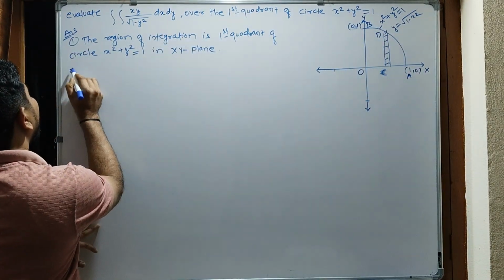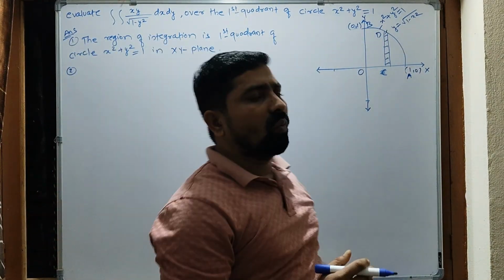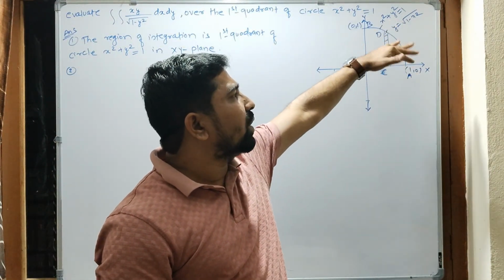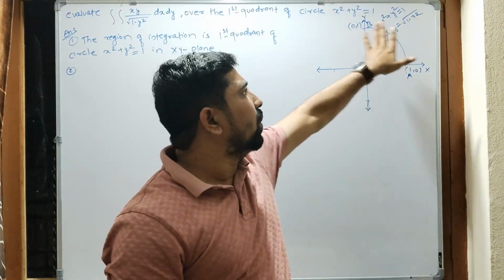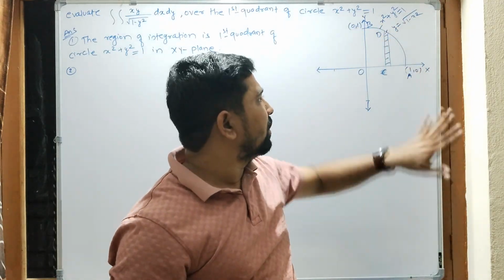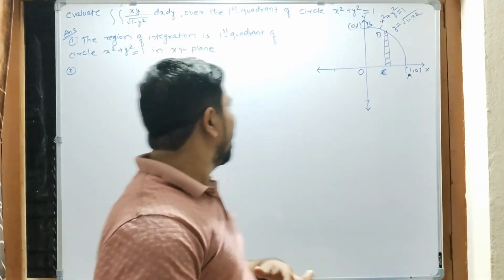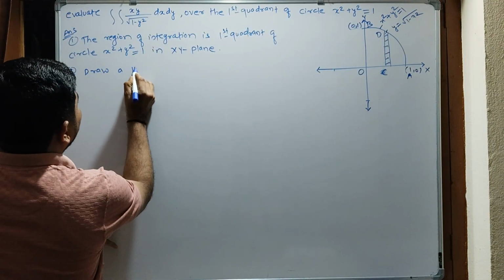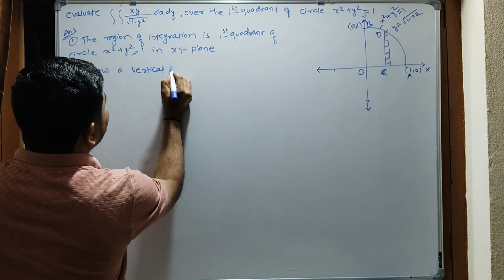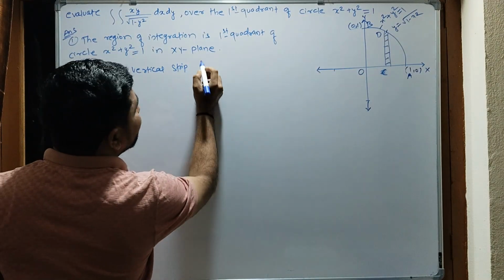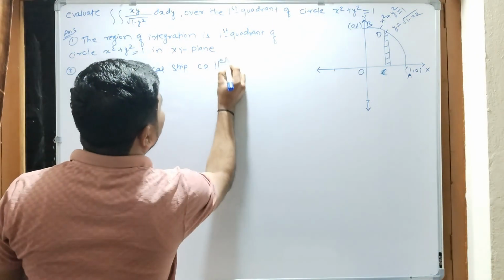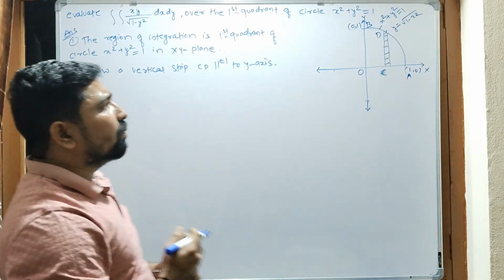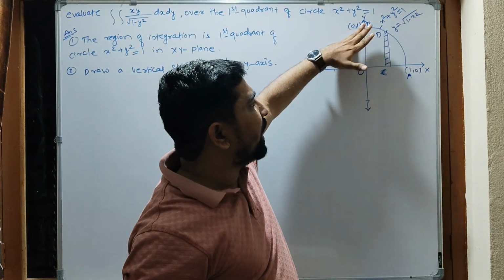Now second thing, you can use either the vertical strip method or the horizontal strip method to cover the whole region of your integration. Now draw a vertical strip, let's say CD, which is parallel to the y axis. Here I am drawing my vertical strip CD, which is parallel to the y axis.